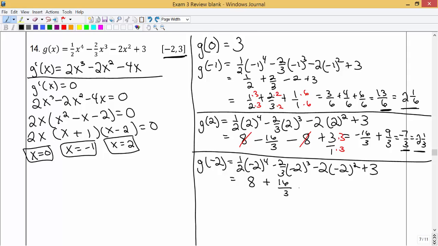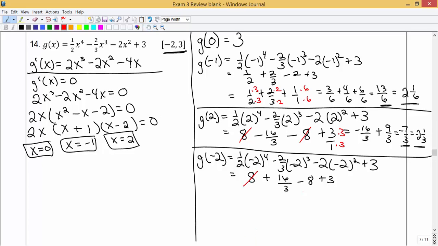This is going to give us a -8 again, plus 3. So we get something very similar. 8s will cancel. And we're going to give this a common denominator again. So this time we end up with a positive 16 over 3 plus 9 over 3, which gives us 25 over 3, which as a mixed number, that's 8 1/3.